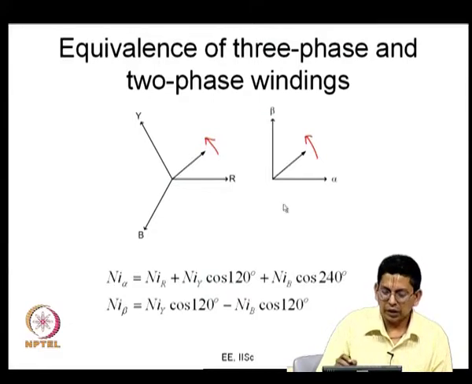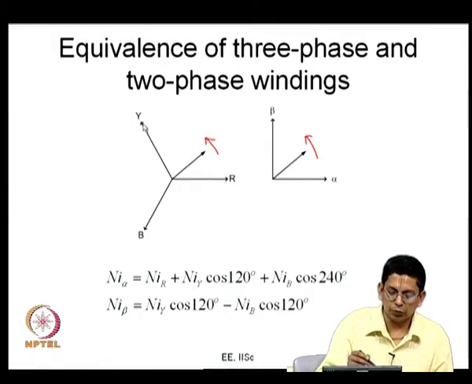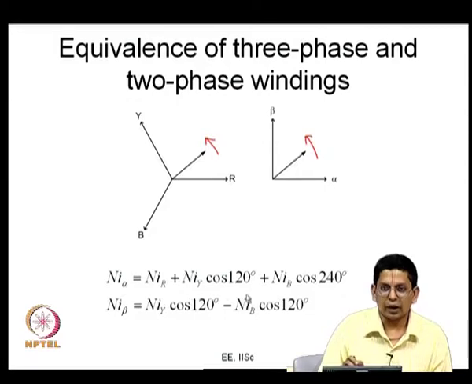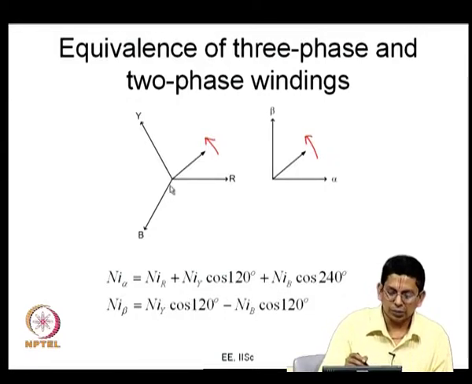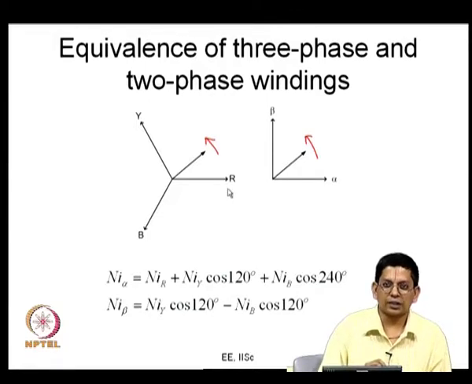So, n times I alpha should be equal to what? The R phase is the one that produces the MMF entirely along the alpha axis, so it is n times I R, and a component of the MMF produced by the Y phase is along the alpha axis, that is n I y cos 120. Again, another component of the MMF produced by the B phase winding is along the R phase axis, or the alpha axis.